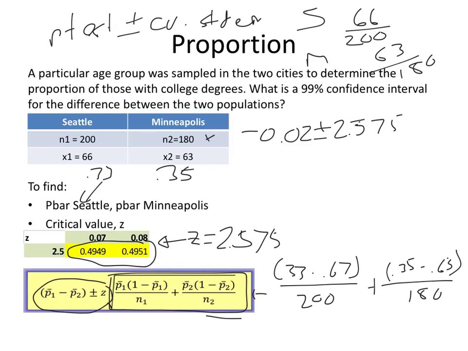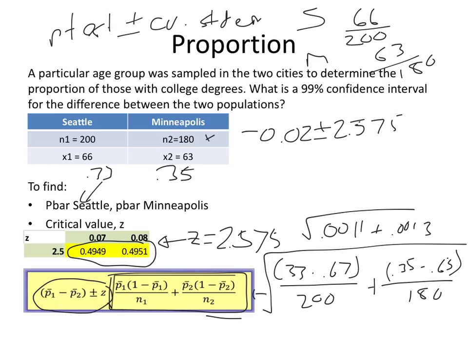Okay, and we'll take the square root of all of that. So we get the square root of 0.0011 plus 0.0013, and all of that eventually becomes 0.0486. Okay, so this is our formula. We've got negative 0.02 plus or minus the critical value 2.575 times 0.0486.